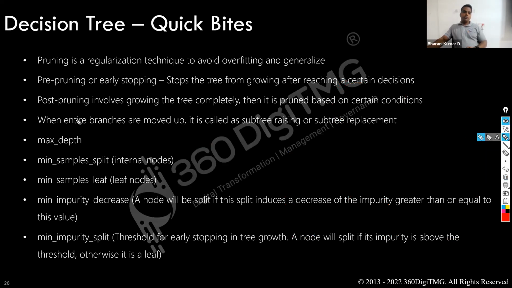Okay. Then we also have something called post pruning, right? Post pruning means let the tree grow completely and then apply your rules on that. It will not stop prematurely. It will continue to grow completely. And then you apply the rule. If the error value is less than some number, you stop. Then it will go up. That's post pruning.